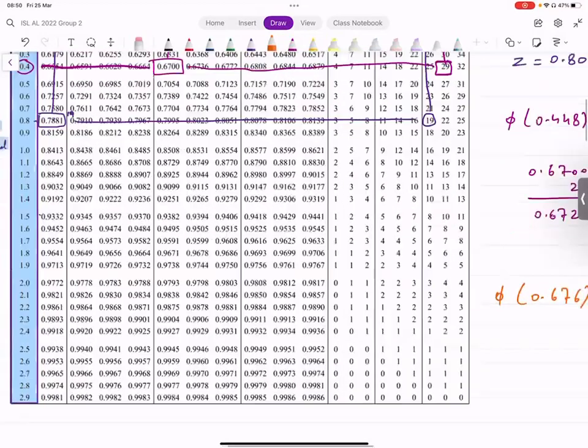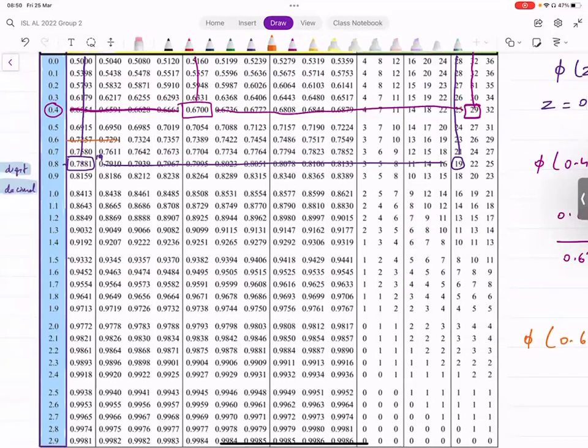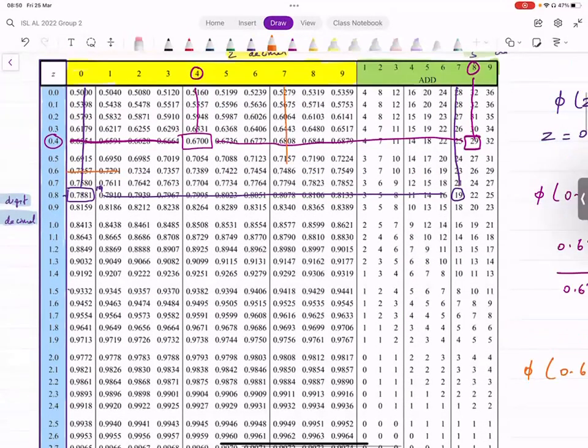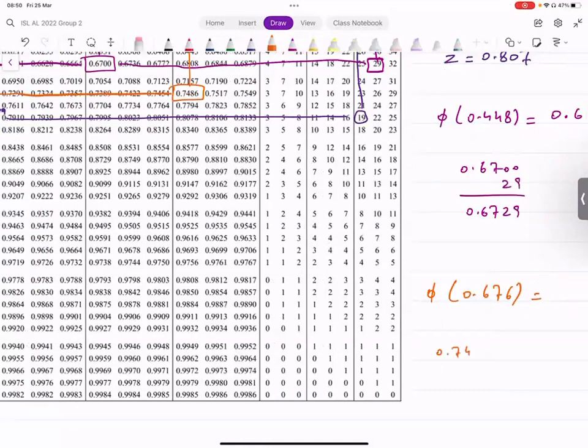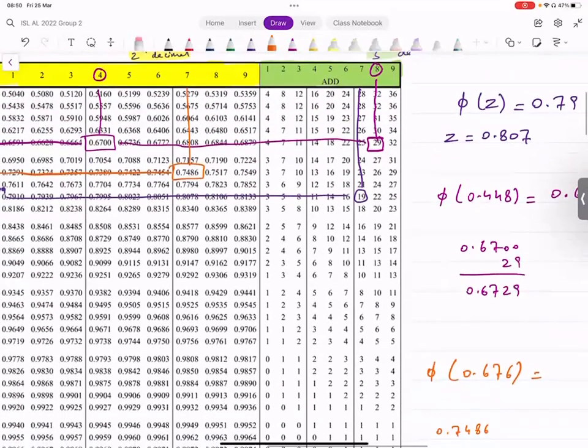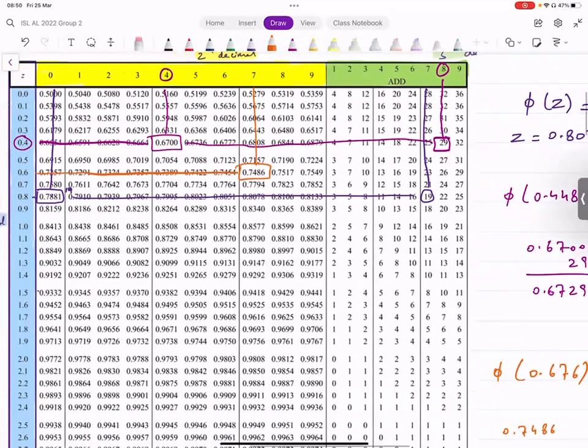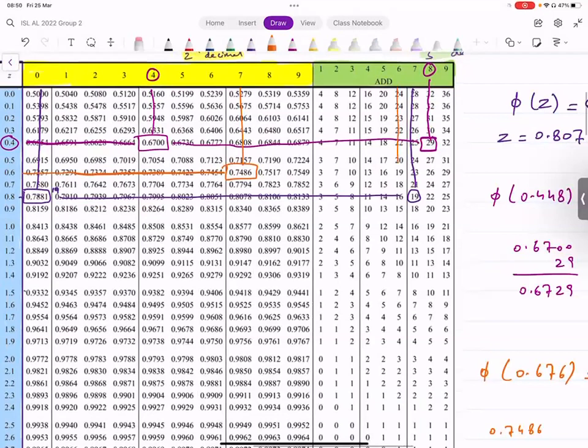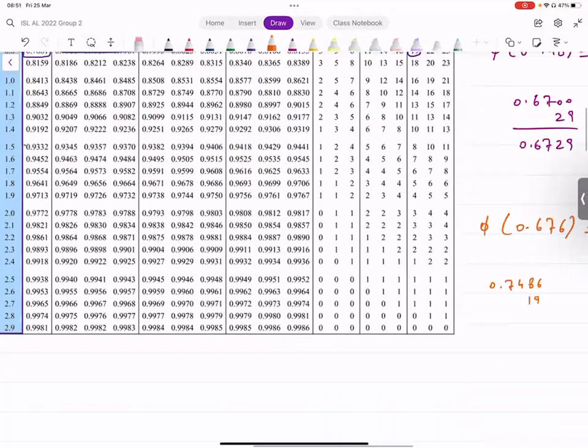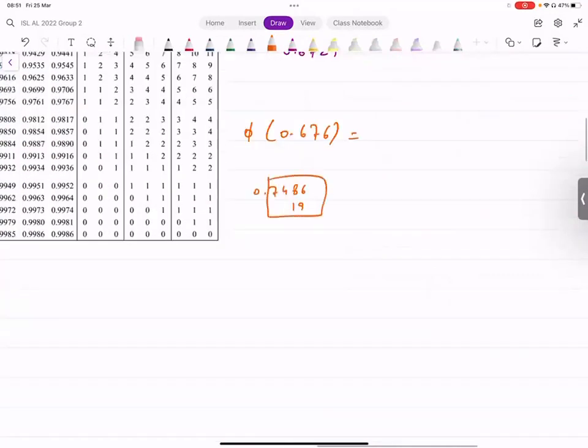.676, so this is 0.6 and then 7, we got this number here, 0.7486, and then 6 after that, so we've got 6 here, इसमें आपके पास क्या आ रहा है, 19 इसमें ऐड कर लें, you can do this on your calculator, 7486 प्लस 19, देखें क्या आता है, और अंत में बस डेसिमल लगा देना आपने, so we get 0.7505, is that correct?